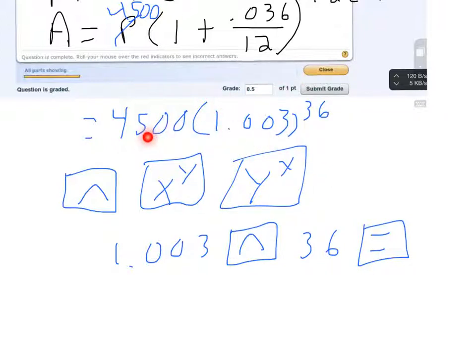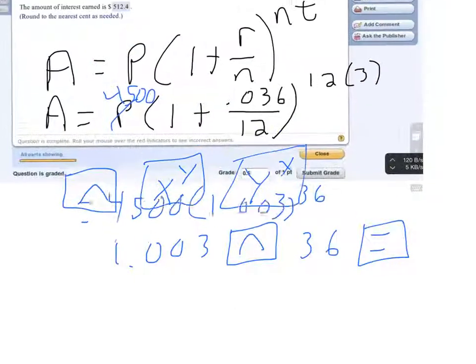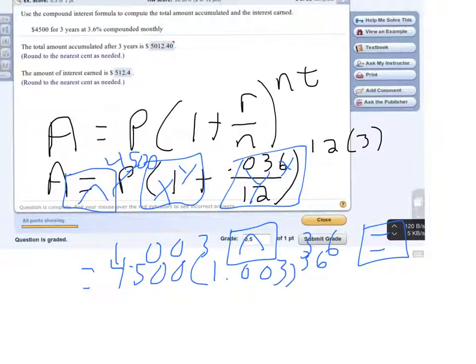And then you multiply that answer times 4,500, and I guess if you do that, you should get the answer up here. And you round it to the penny, you should get $5,012.40 up here.